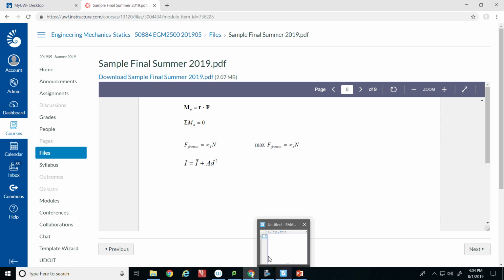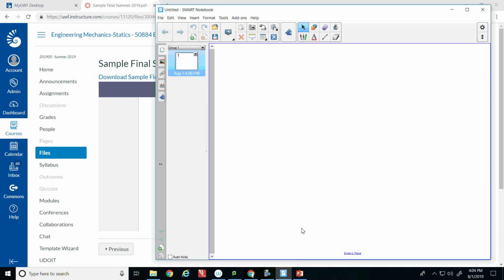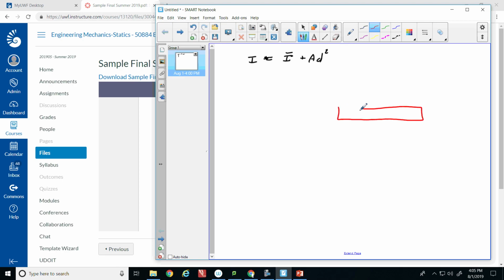The key thing with that equation is to remember this: when you're writing I equals I bar plus A d squared, what that's really saying is this. Let's say you have a shape like this. We all know where the center of a rectangle is.